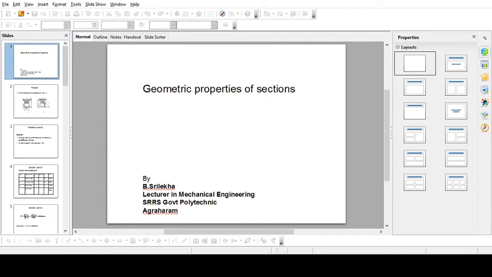Here, for the rectangle the area is 30 into 15, which is 450. Now we know that the centroid for a rectangle is b by 2 and h by 2, and below or beside it no other figure lies between the axes and the rectangle. It means the rectangle is placed on both the axes.